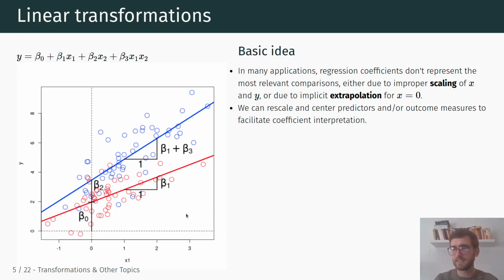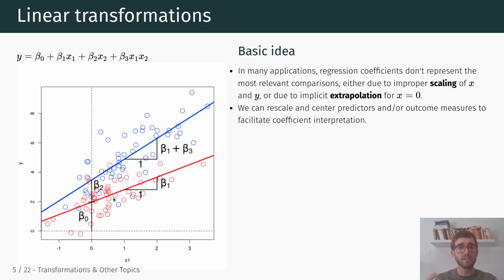This is driven by the fact that, especially with interactions but even without interactions, the intercept is interpreted as the expected average outcome for x being equal to 0. And the coefficient for our dichotomous variable that is part of this interaction term is the difference in the expected average outcome for x1 being equal to 0.